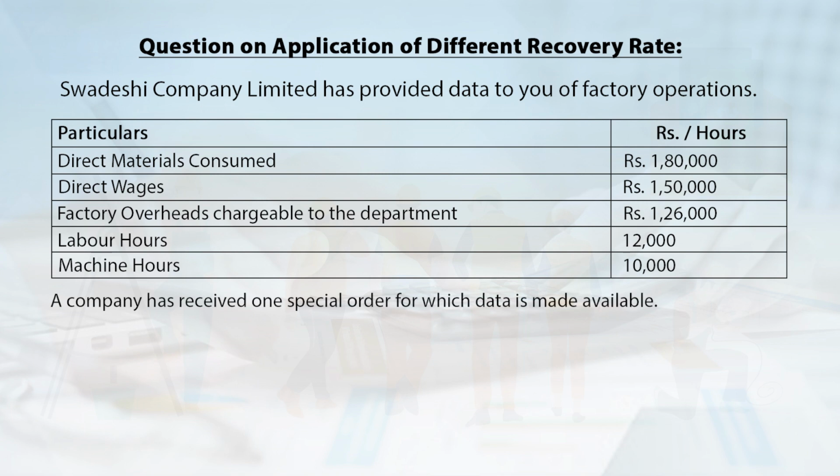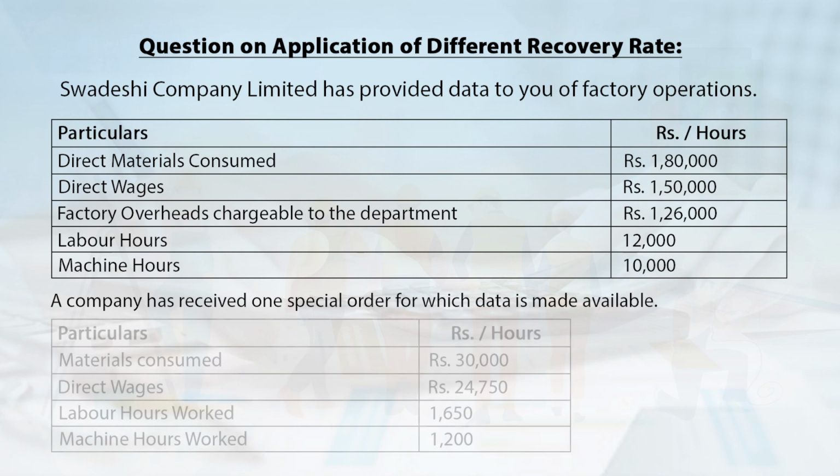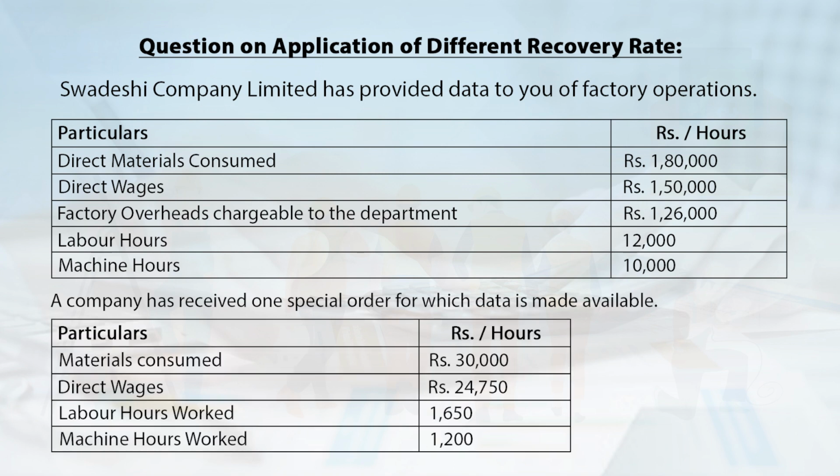A company has received one special order for which data is made available. Material consumed rupees 30,000, direct wages rupees 24,750, labor hours worked 1,650 hours, machine hours worked 1,200 hours.